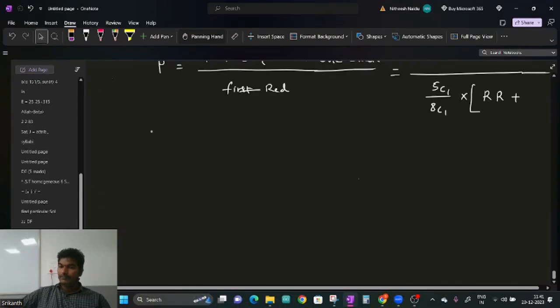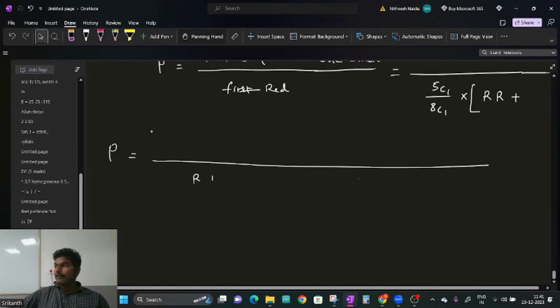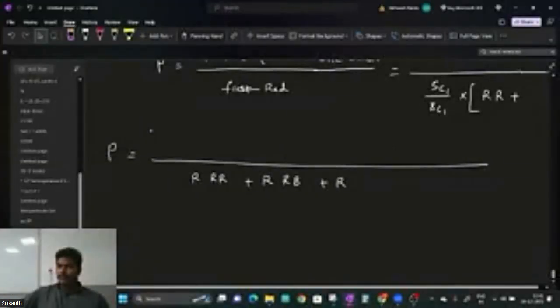Yes, always first will be red. Red plus the remaining: first red, then red, or black; or first red, first black. These are the choices we have. Am I right? Yes or no? And what about the numerator?